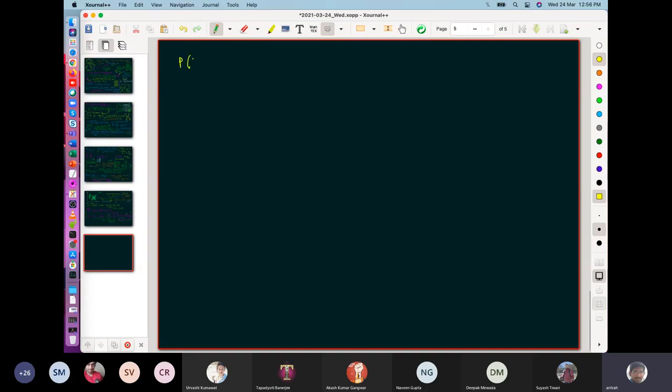So let us try to write the Q function. Expected value over z given x and theta of the log likelihood of p of x, z given theta. That is our M step, as always.